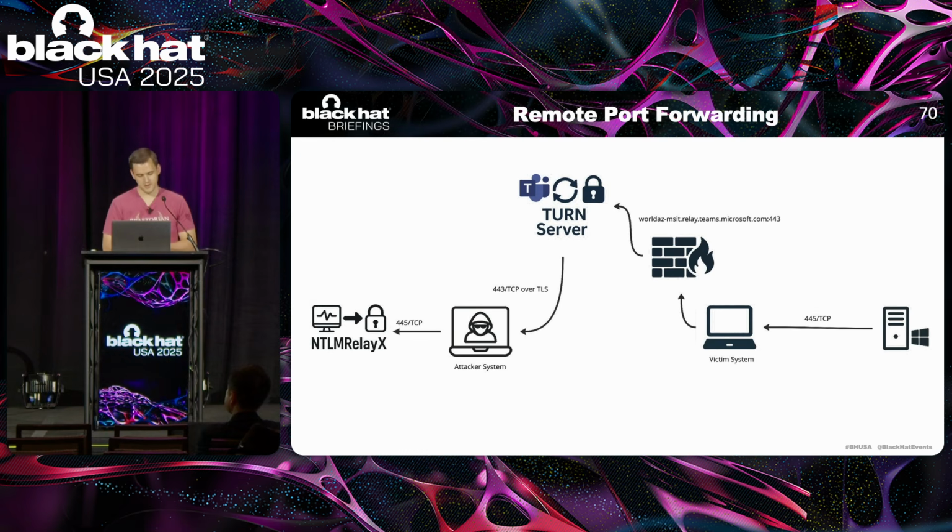So if you wanted to run NTLM Relay X on an internal network, you could run that on your laptop, do a remote port forward, and expose that through the remote system. That allows you to bypass a lot of potential detections, or just the logistical hurdles of running, say, a Python application with a lot of dependencies directly on a victim system.